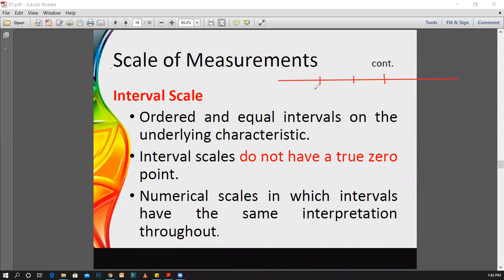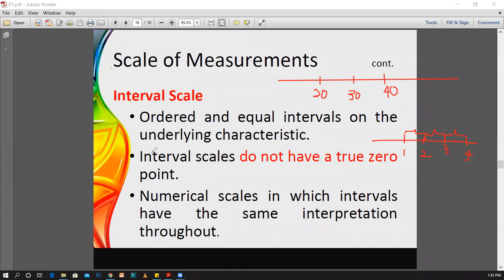Therefore, if you consider any two intervals, the distance between 20 and 30 would be the same as the distance between 30 and 40. Likewise, if you consider the numbers 1, 2, 3 and 4, the distance between any two consecutive numbers would be the same. The distance cannot vary since it is at the interval scale.